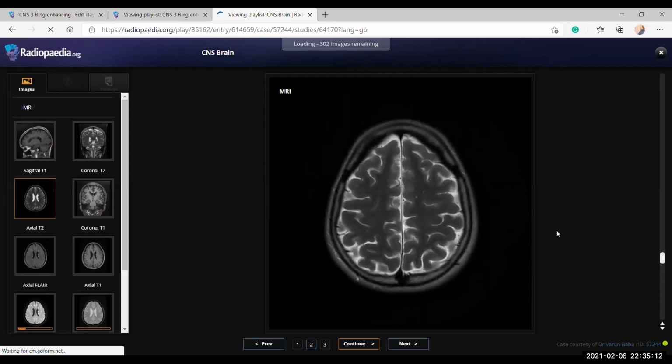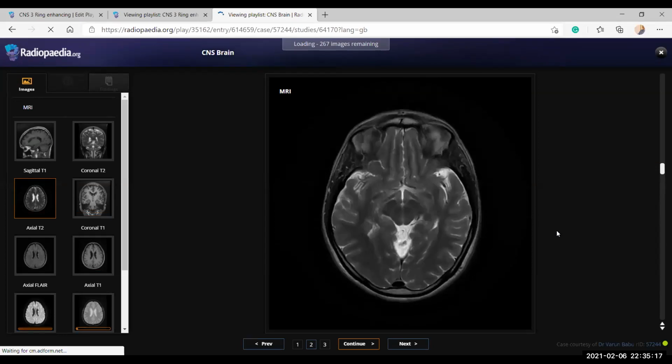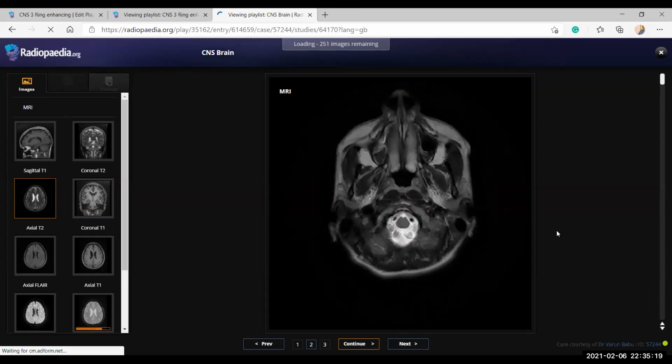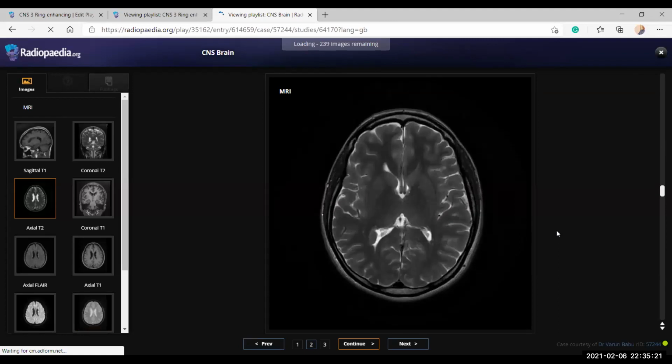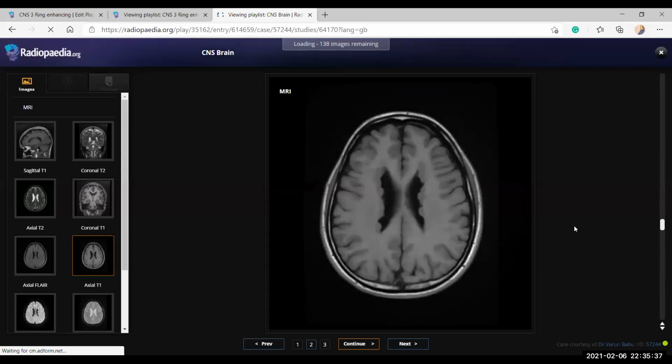In axial T2 weighted image, there are subependymal nodular abnormal signal intensity lesions that are isointense to the gray matter in T2 weighted image. Also, I want to check the signal pattern in the T1. So it is almost parallel in signal pattern to the gray matter in T1 and T2 weighted image.